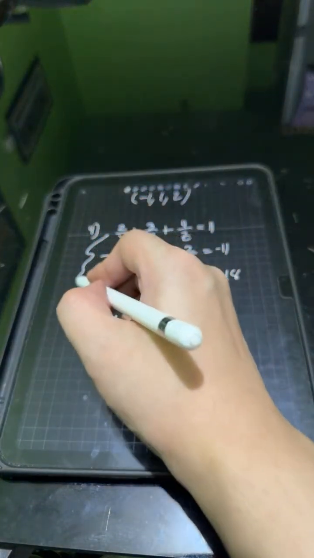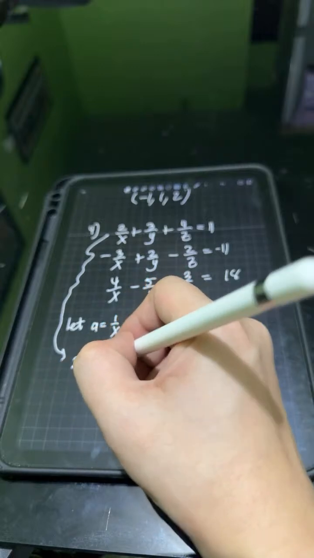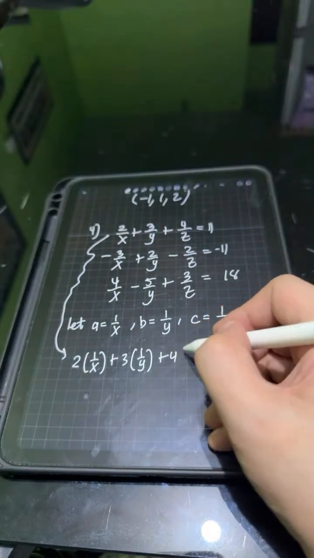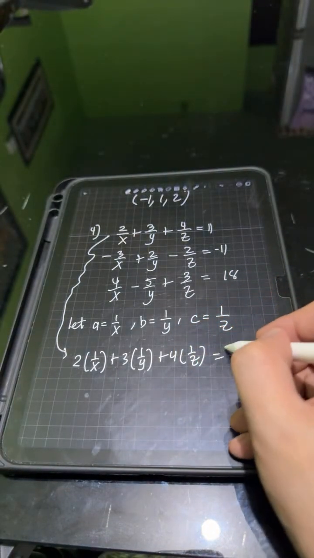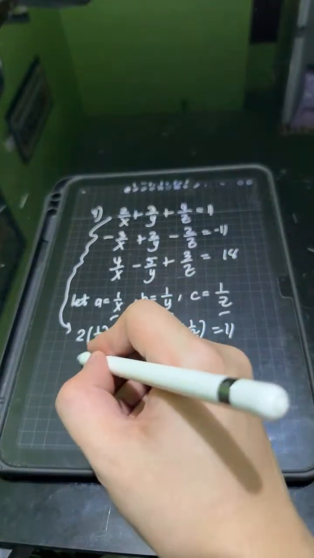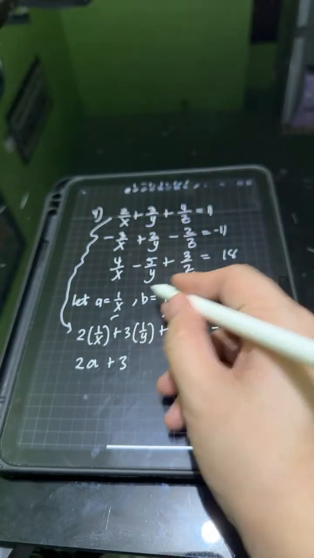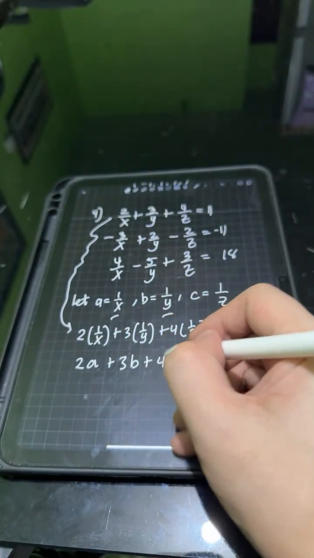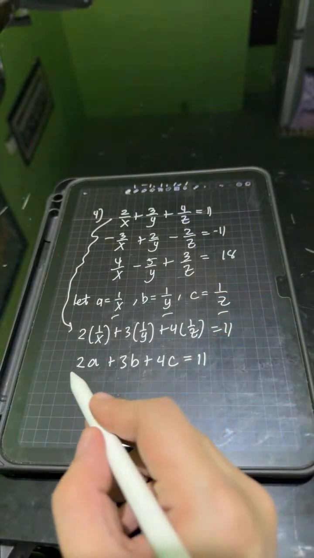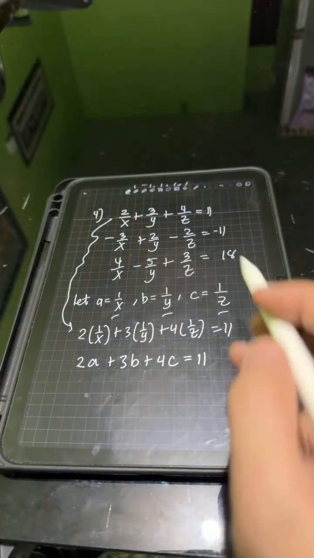So the first equation can be written as 2 times 1 over x plus 3 times 1 over y plus 4 times 1 over z equals 11. Applying this substitution, this becomes 2a plus 3b plus 4c equals 11. So this becomes a linear equation in a, b, c.